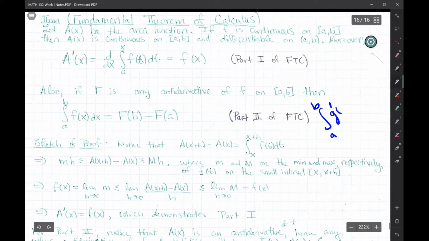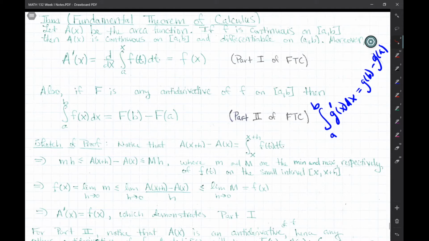The integral of g prime of x dx is equal to g of b minus g of a. Here's the derivative in there, and on the right there is no derivative. Now g is an antiderivative of g prime, but we don't write it this way because why be so restrictive? This works for any antiderivative.